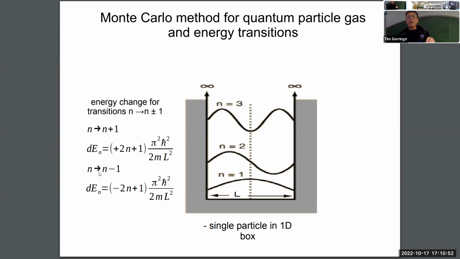And then the other possibility is I lower the energy by one principal quantum number, and that's this equation here. Again, it's just the difference between the energies of En and En minus 1. And these two equations are what I'm going to be using in my code. So when I've got my system of atoms and I run it, pick this atom, and I'll either increase its energy or decrease its energy. When I do that, it's by these amounts.